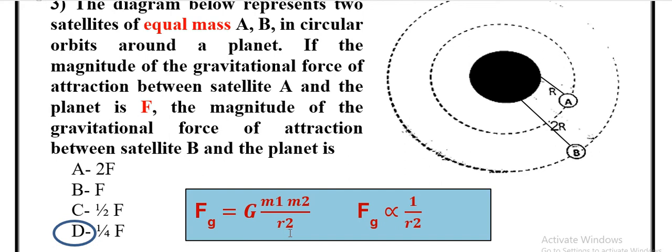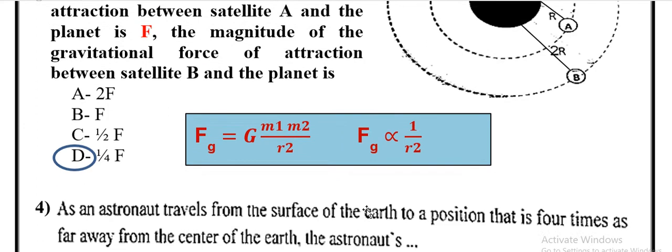By increasing the distance between the two objects by a factor of 2, the gravitational force will decrease by 1 over 4. If r is doubled, the gravitational force will be quartered.